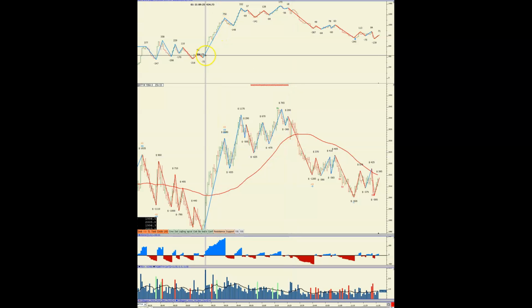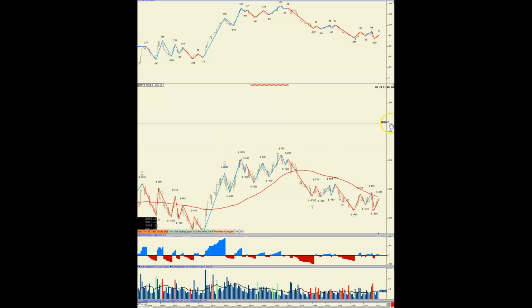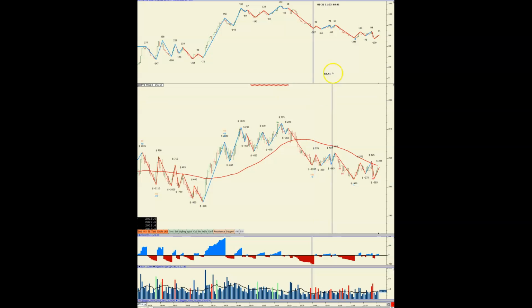All right. The top is the breadth, meaning the number that have advanced in the index, and then the bottom is just the market itself, moving up and down in terms of dollar amount, which I really like because I think it's really easy to read.